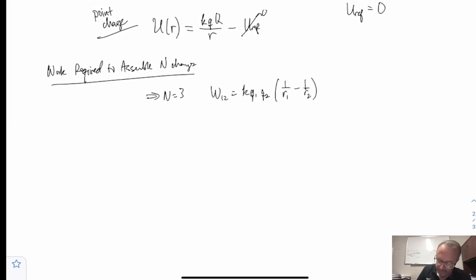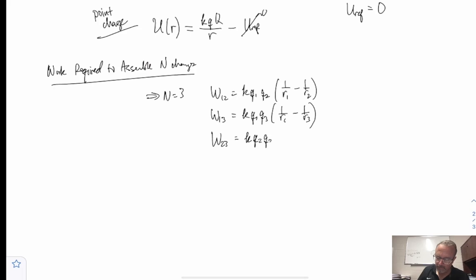Now the work required to assemble between 1 and 3 would be K, Q1, Q3, 1 over R1 minus 1 over R3. But then we also have to calculate the work to do 2 and 3, which would be K, Q2, Q3 times 1 over R2 minus 1 over R3.